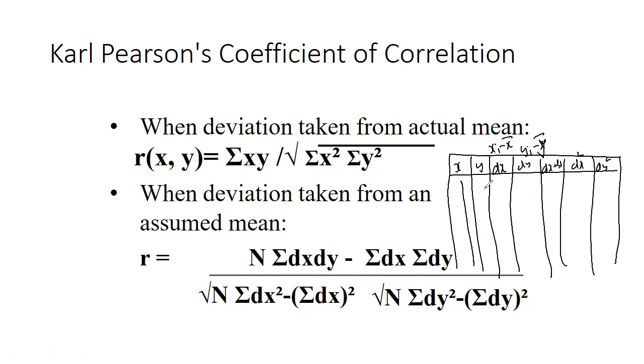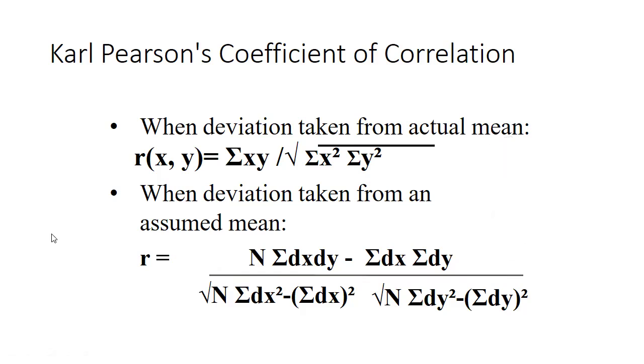You can write all the observations, calculate these values manually and put them in this formula to get the value of r, but we will do it through SPSS software.